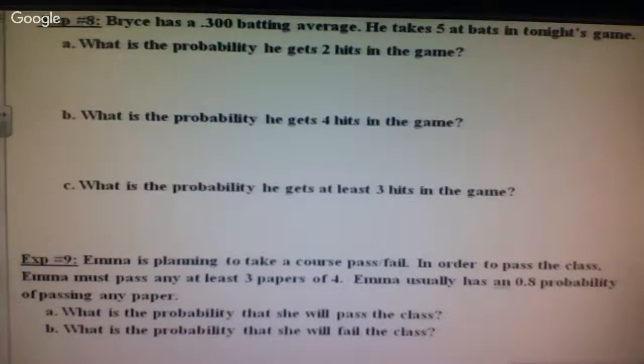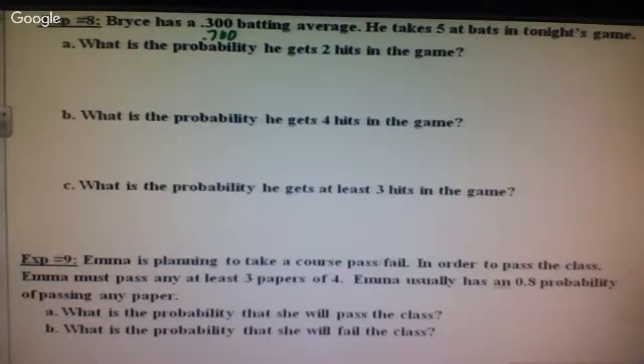I need the 2 averages to equal 1. So if he has a 0.3 chance of making it, he has a 0.7 chance of missing it. So instead of this one being a fraction, these ones are just going to be decimals. So you've got a 0.3 chance of making it and a 0.7 chance of missing it.